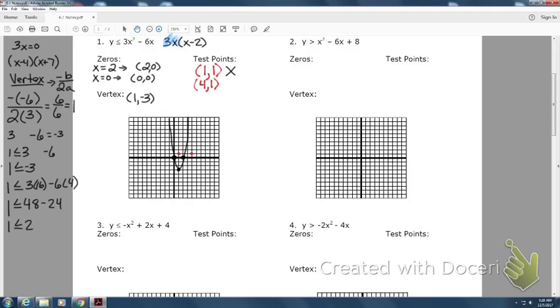Is 1 less than or equal to 24? Is that a true or false statement? True. Was that point inside or outside the parabola? Outside. So I go to the graph and I shade everything outside the parabola.